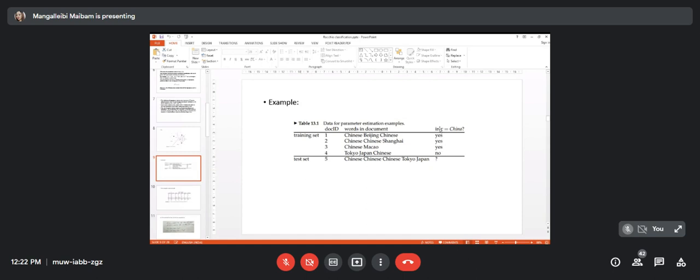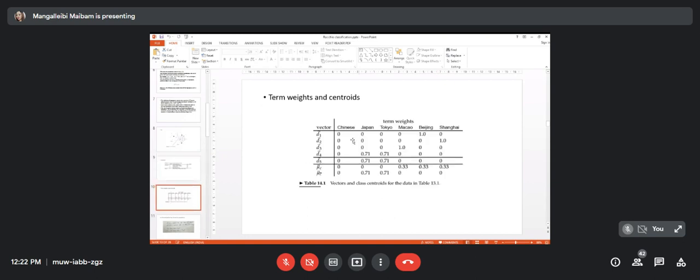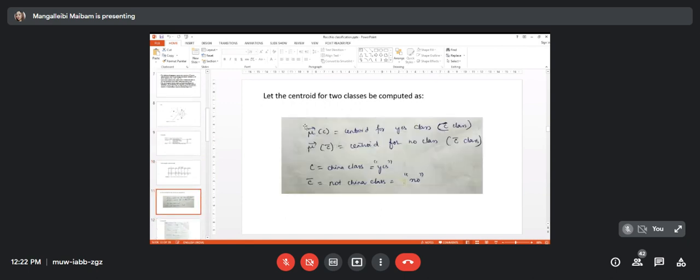Then we have three yes classes and one no class like yesterday. Now here are the vectors and class centroids for the data. Already in this table, the centroids and the term weights have been calculated. How? Let us see here.